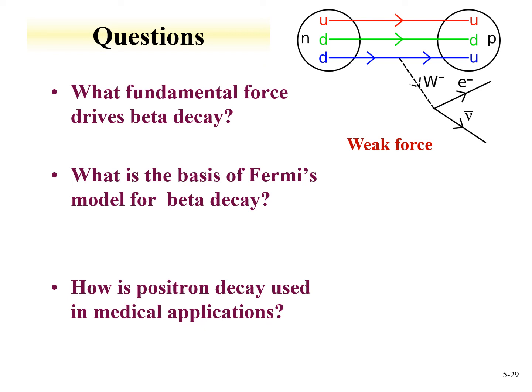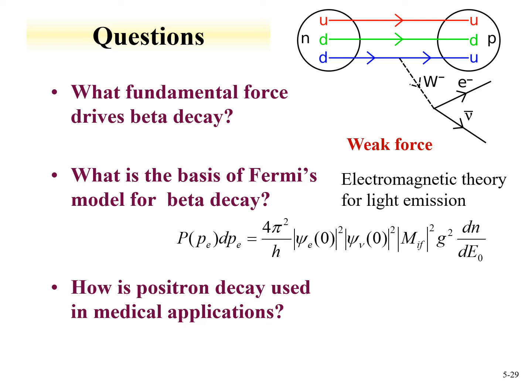So what is the basis of Fermi's model for beta decay? It actually exploits some of this force. It's based upon electromagnetic theory for light emission. Fermi took that fundamental theory and applied it to the weak force, to beta decay, where he came up with an expression describing the population of certain energy densities as equal to some constants, the wave function of the electron, the wave function of the neutrino, this mixing matrix, and this Fermi constant, which he fundamentally replaced from the electromagnetic theory.